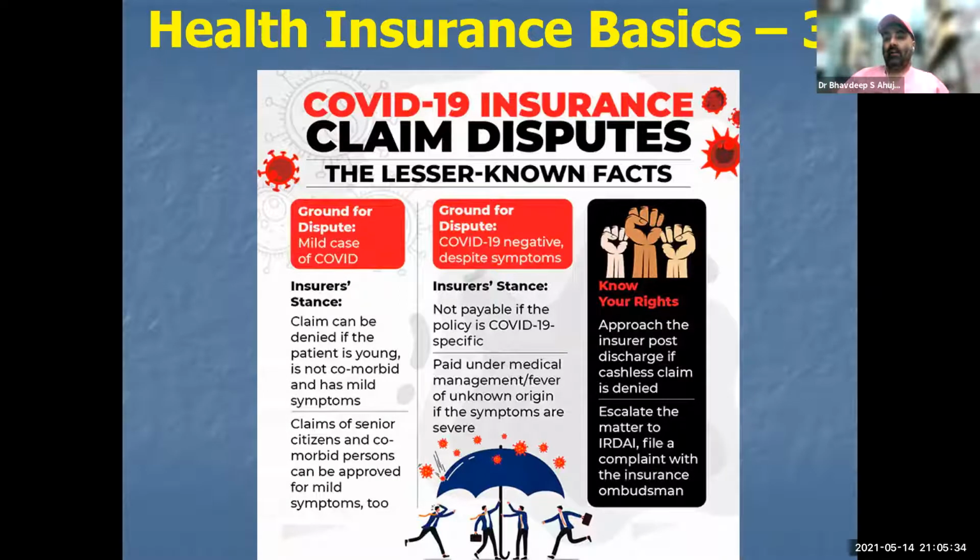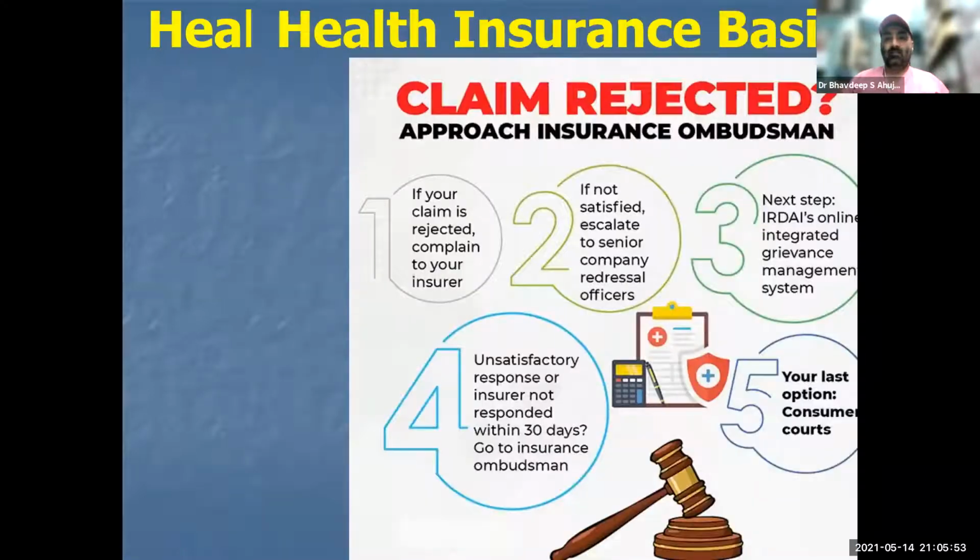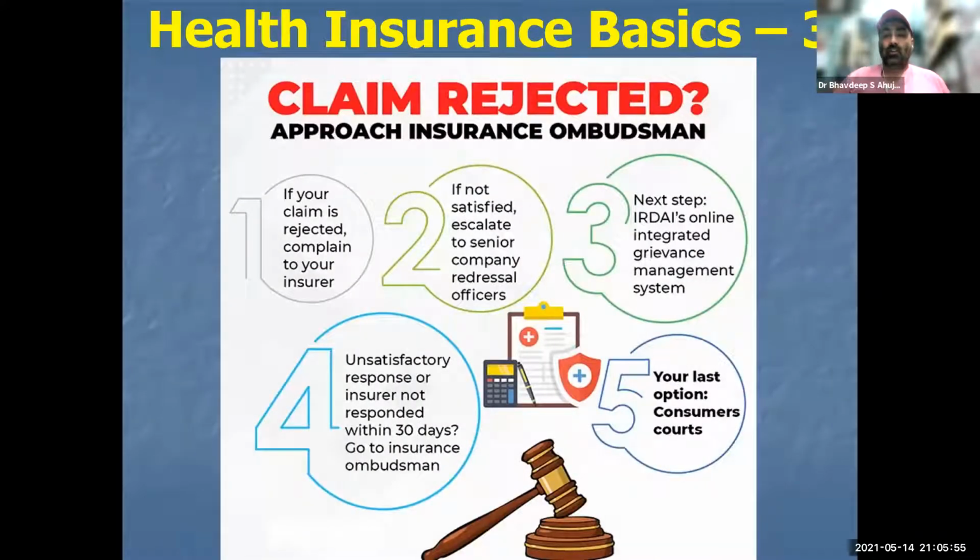But if your cashless insurer denies your claim, you have so many steps to go ahead. On the IRDAI website, I gave you the link in the group today itself. You can go to the site and file your complaint with the insurance ombudsman, which is like a third umpire. Number one, if your claim is rejected, complain to your insurer, then escalate to your senior company officers.